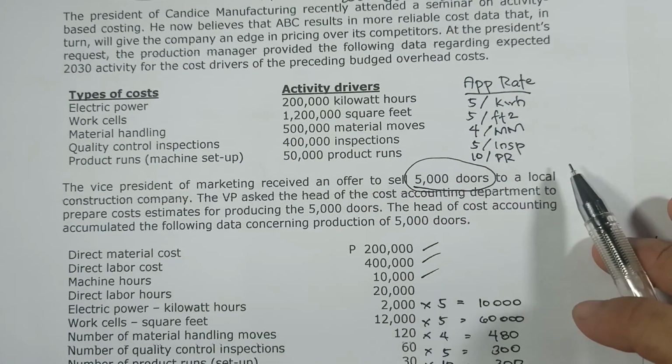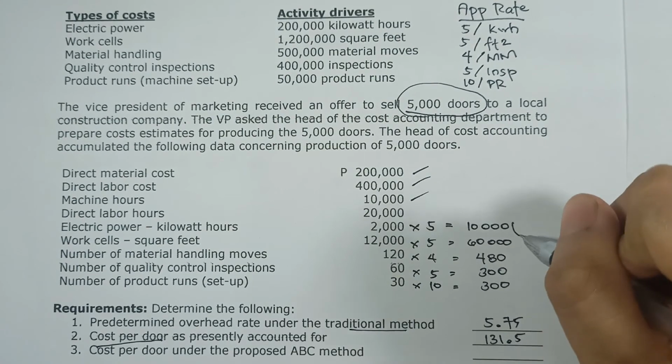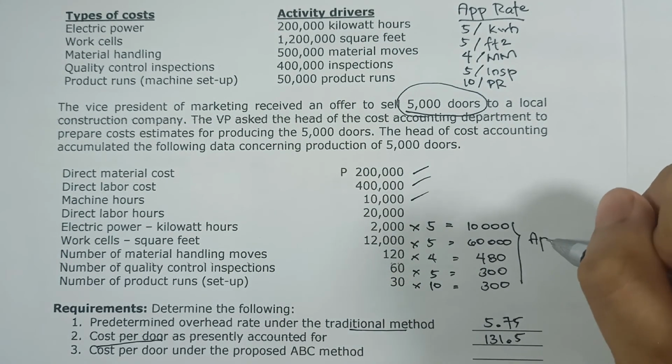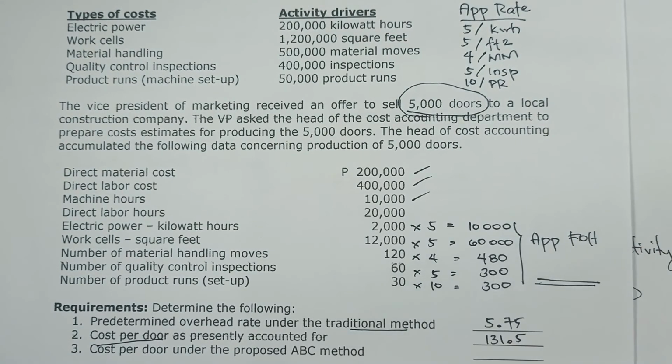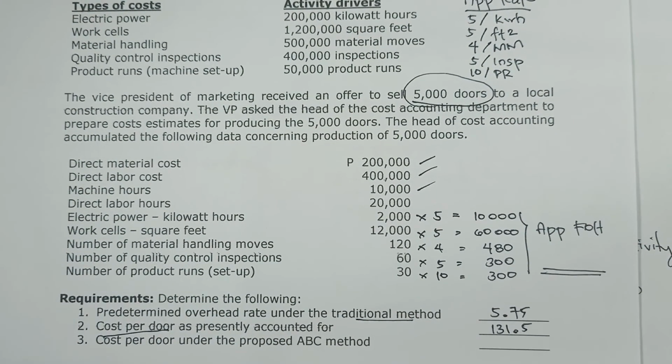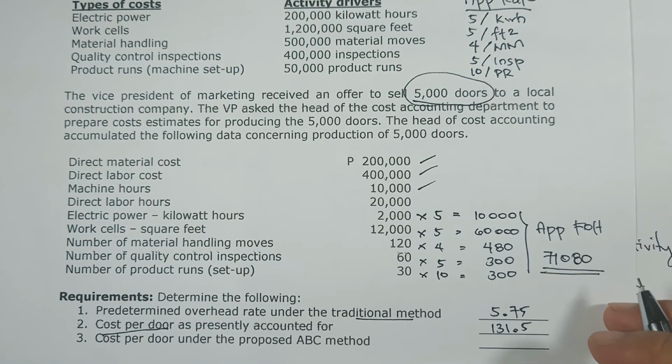Then, each activity has its own activity driver. Alright? So, when you add all of these, we get the applied factory overhead under activity-based costing. And how much is that, guys? This is 10,000 plus 60,000 plus 480 plus 300 plus 300, or this is equal to 71,080.